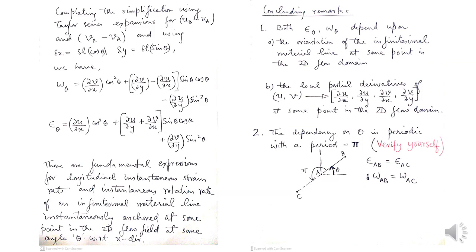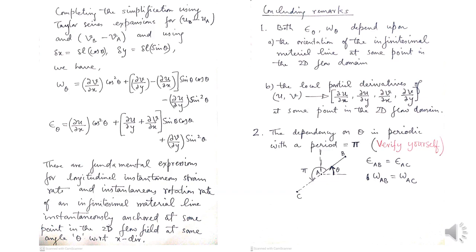Taking the analysis further, we can use these expressions that we have obtained for the strain rate epsilon theta and rotation rate omega theta, and use the Taylor series expansions to recover the components of the relative velocity, UB minus UA and VB minus VA. In the Taylor series, I just have to substitute the displacements delta x and delta y as delta L cos theta and delta L sin theta.